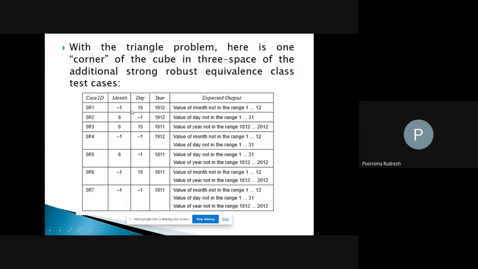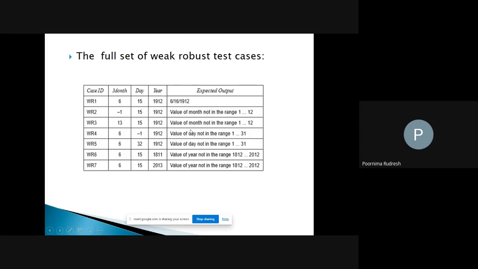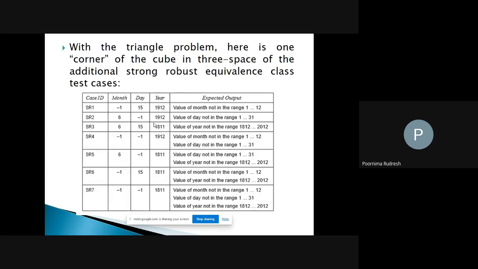Once again, we are defining the invalid values for the month and day combination, and the month, day, and year combination. See here, -1 and 1811. It is the invalid value for the month, day, as well as for the year. So all three are invalid values. It will display the error message, and the remaining six are treated like this, because in the weak robust we are considering one or two test cases for each month, day, and year, but here we are considering the Cartesian product of month and day, day and year, month and year, and month, day, and year.